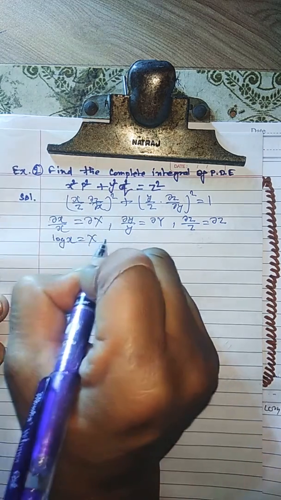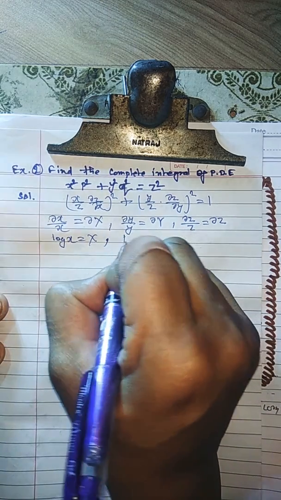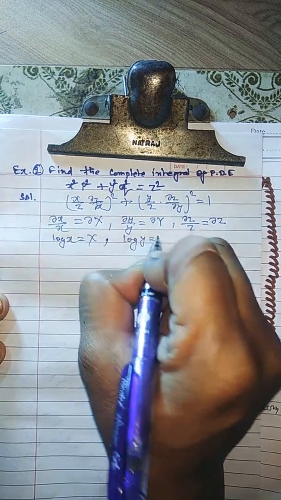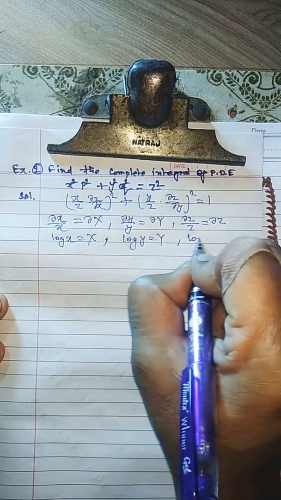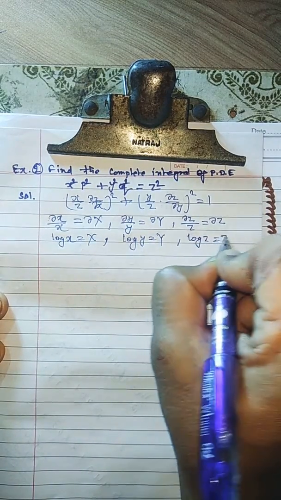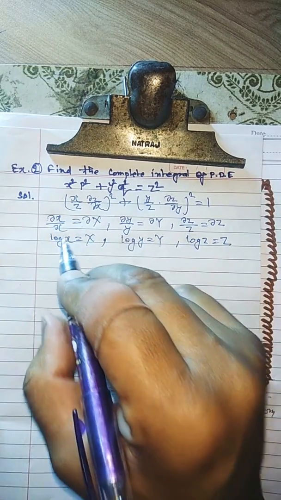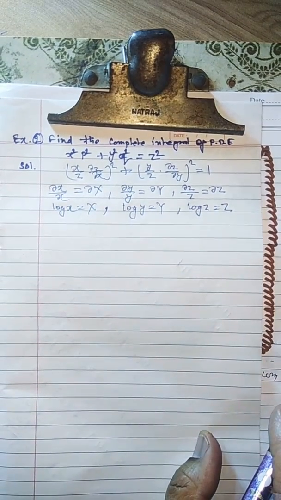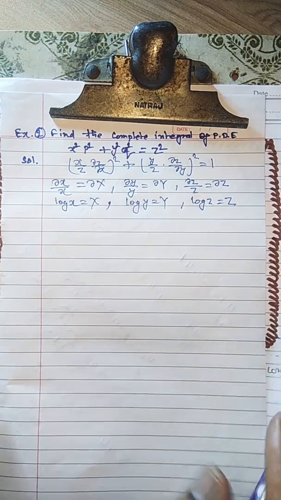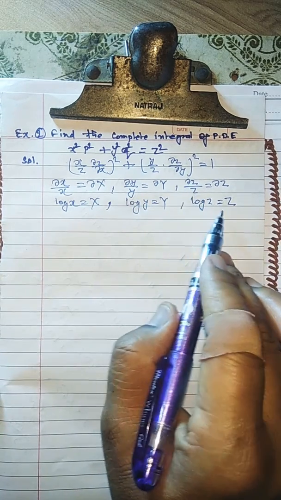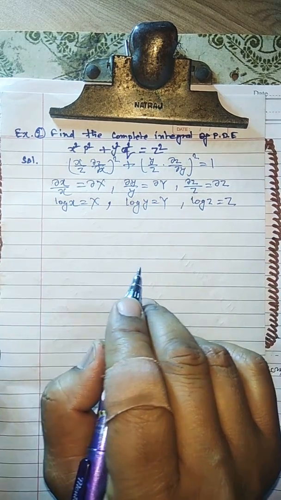Log x equal to capital X, log y equal to capital Y, and log z equal to capital Z. Integration of 1 upon x is log x, integration of 1 upon y is log y, and integration of 1 upon z is log z.